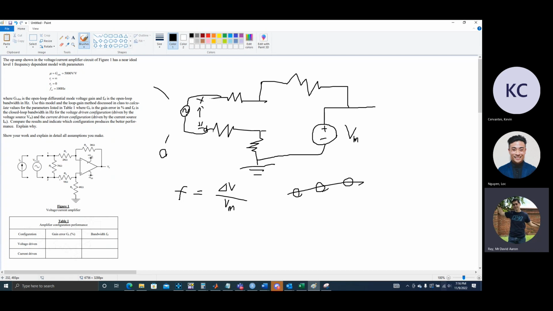So then we have the 7K resistor disappeared, and then we have the 1K left. We got the 2K, and we got the 3K, and we got the 4K. So now change in V is going to be right here.